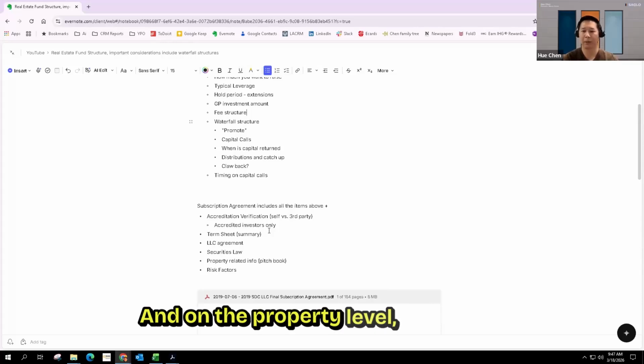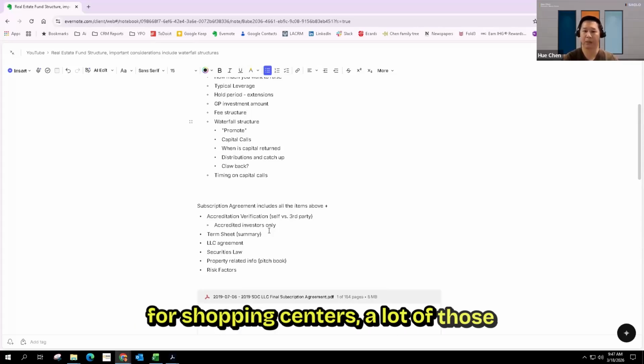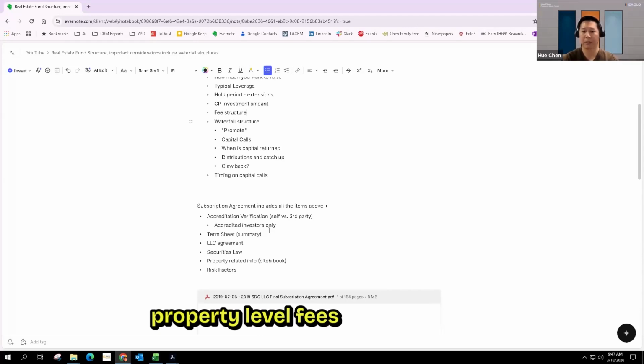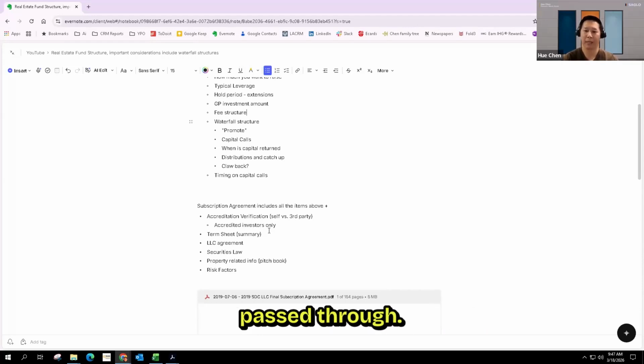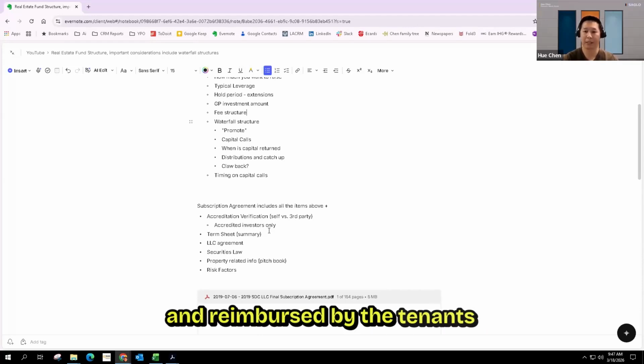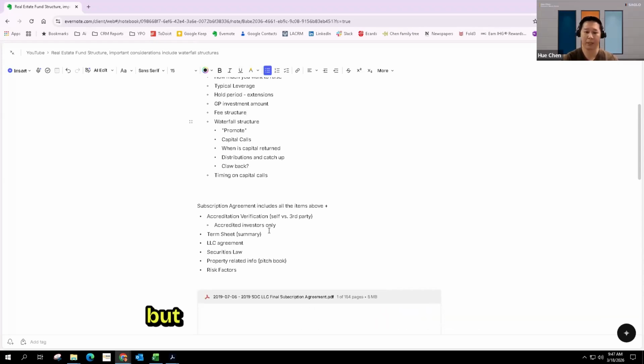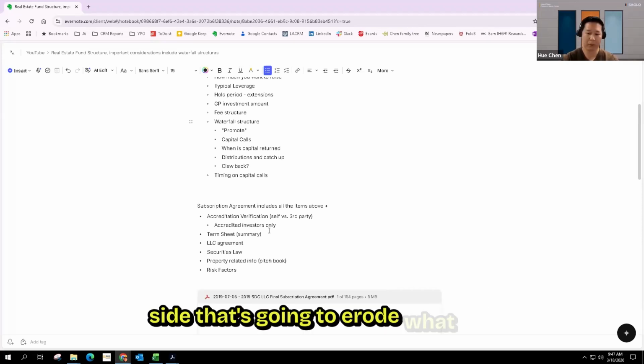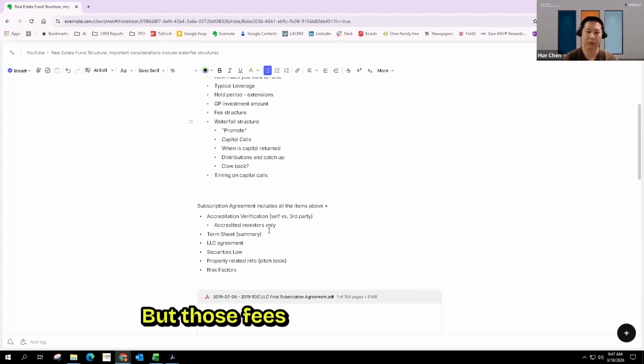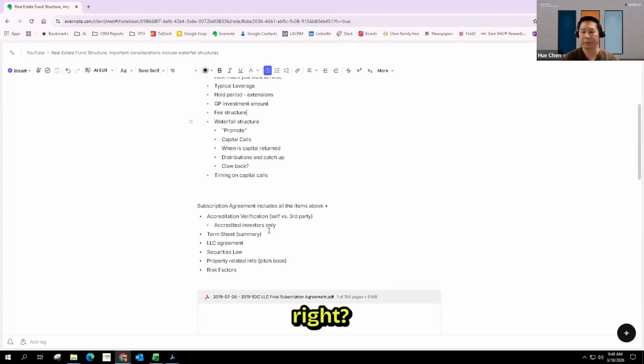And on the property level, especially for shopping centers, a lot of those property-level fees actually do get passed through and reimbursed by the tenants themselves. So the investors don't feel it as much. But the other fees on the fund level side are going to erode what the investor gets. But those fees are necessary just to keep the lights on for the manager, right?